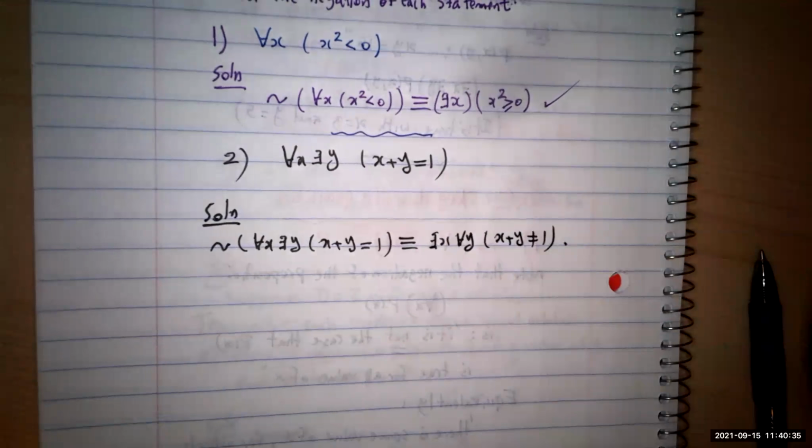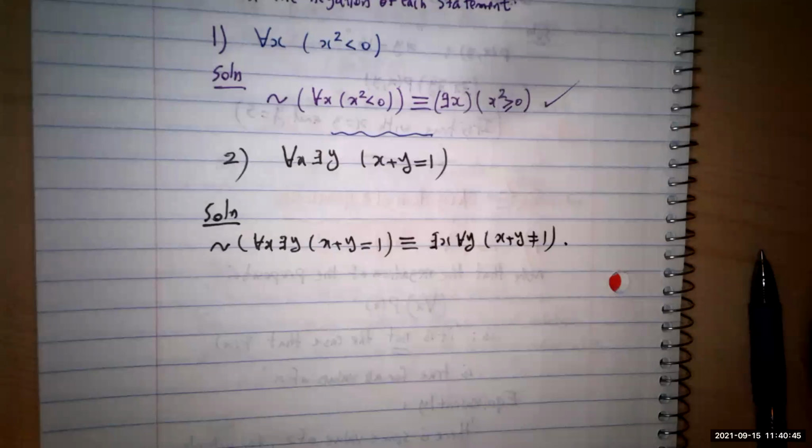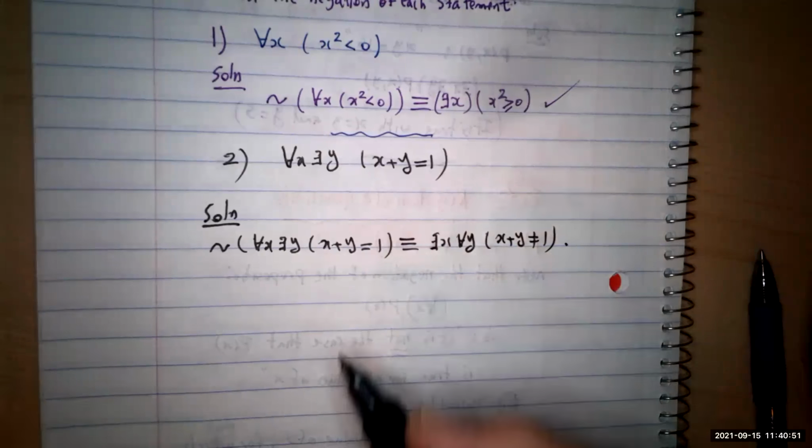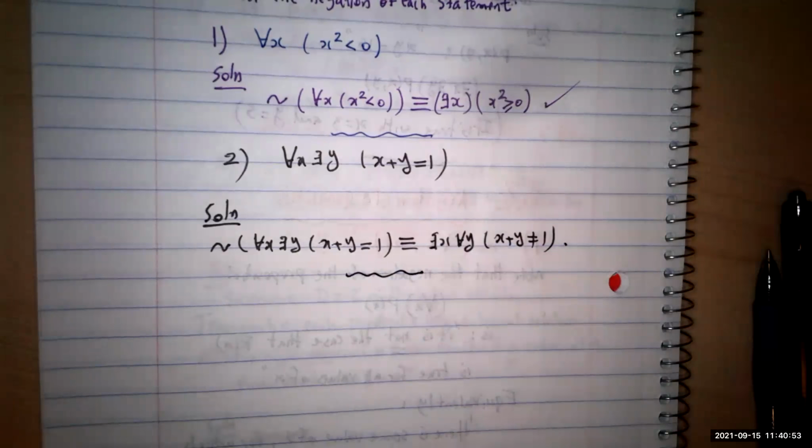Remember, we find the negation of the quantifier, but we also have to find the negation of the statement. The statement was x plus y equal to 1, so the negation would be x plus y not equal to 1. Then it's done. Any question?